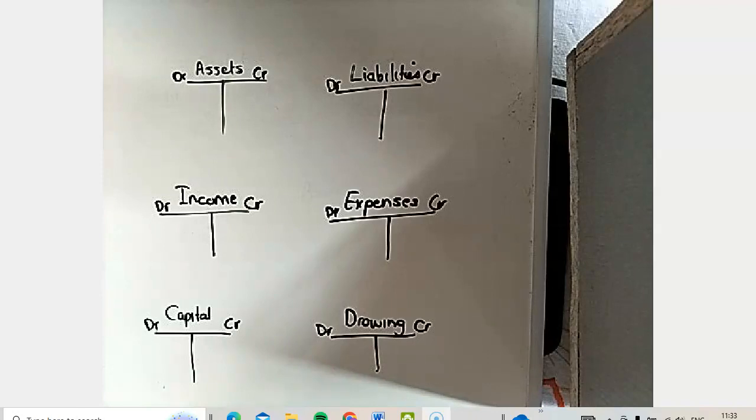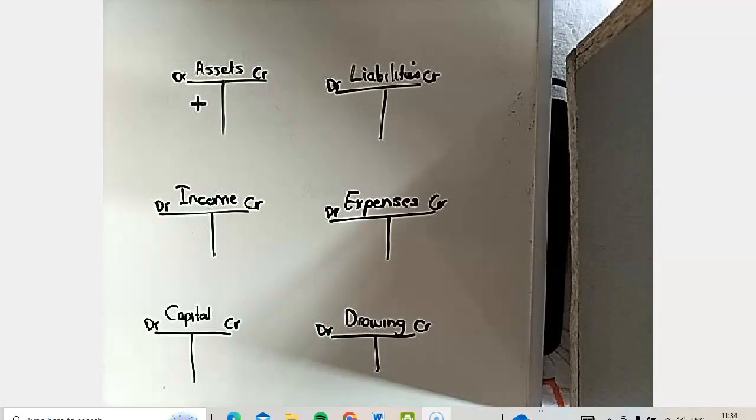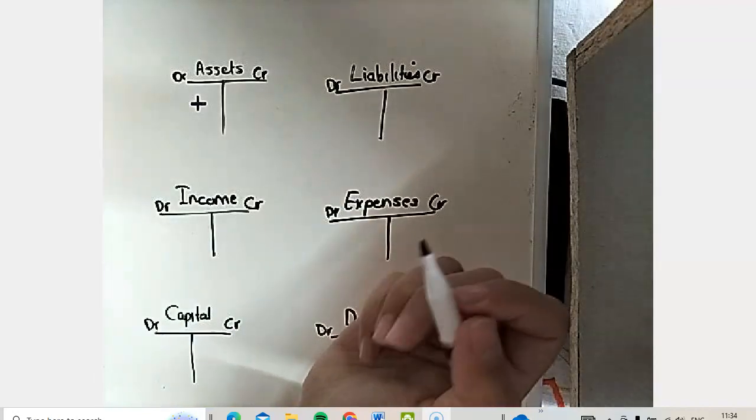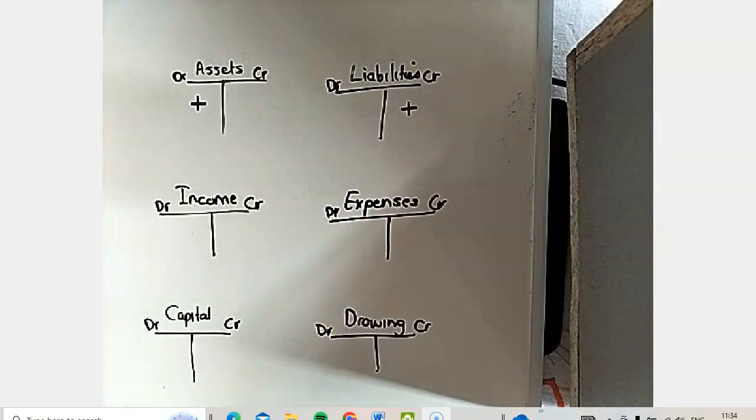Now, the question is, which side does it increase? When you buy an asset, it increases on the debit side. When you take an extra loan, it increases on the credit side. Income like sales increases your income, so it increases on the credit side.